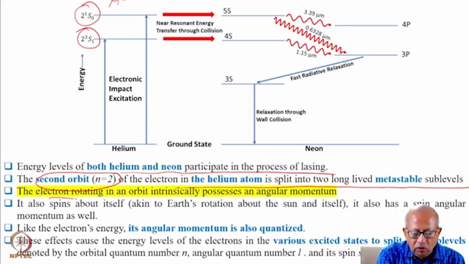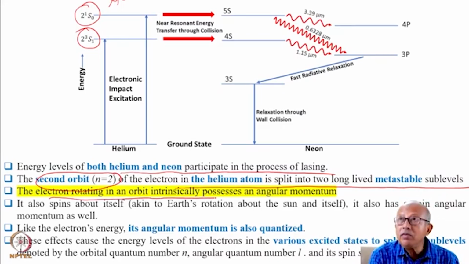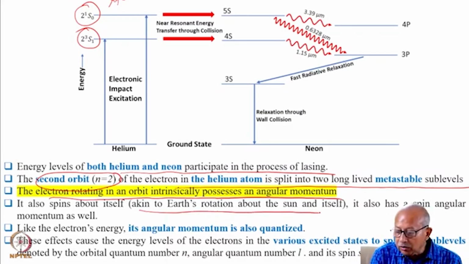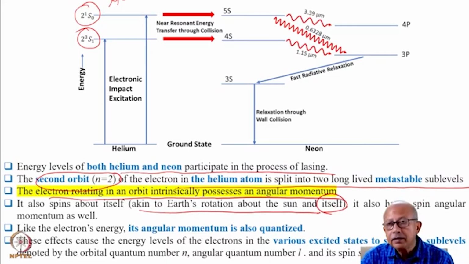You see, the electron rotating in an orbit intrinsically possesses an angular momentum. And it also spins about itself, similar to the Earth's rotation about the sun and about itself, which creates our day and night.